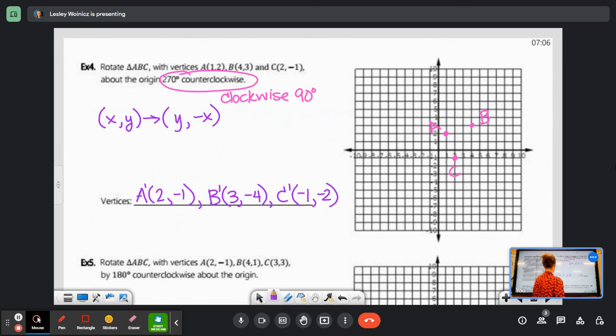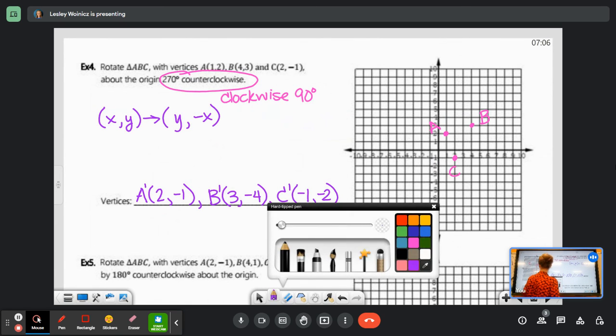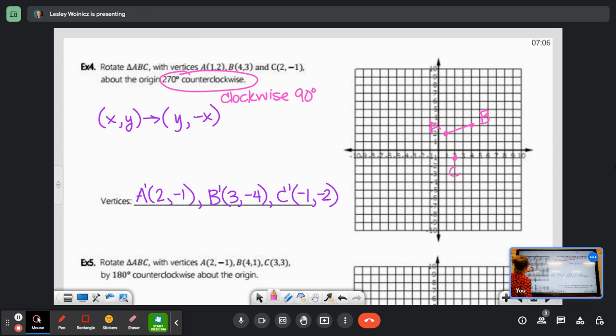Okay. Cool. Here we go. I didn't draw my triangle. Okay. So A prime is at 2, -1. Oh, that's fun. It lands on C. B is at 3, -4. That's B prime.